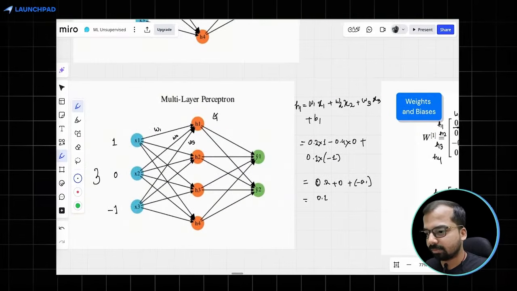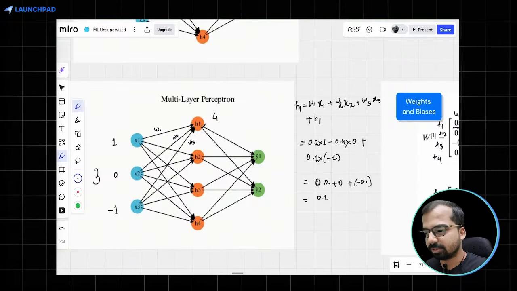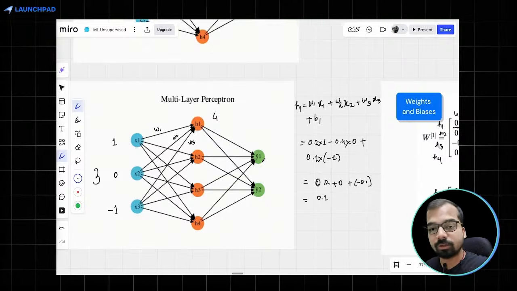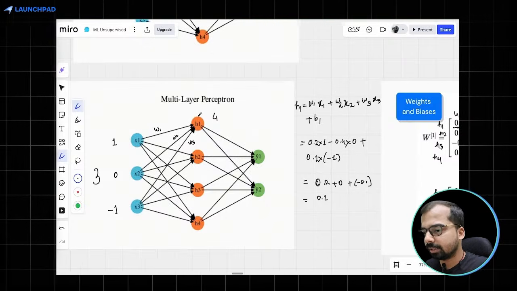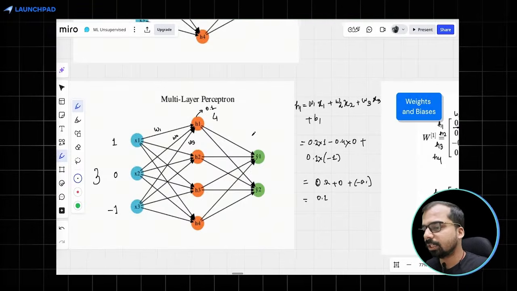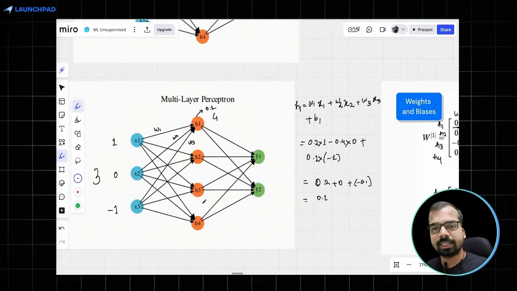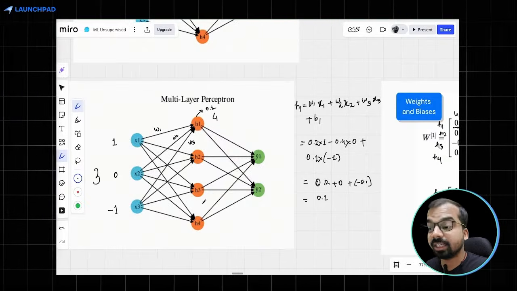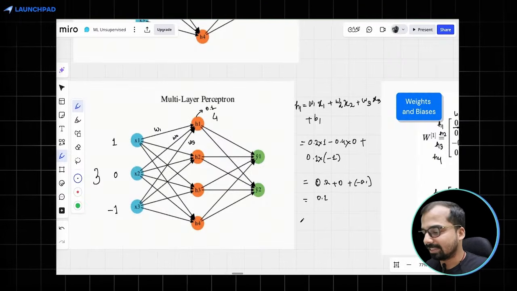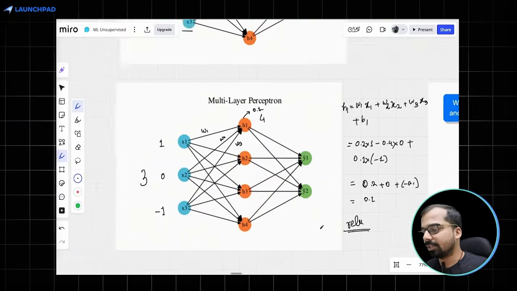From here you see this output arrow is coming to the individual neurons of the output layer. So from here you got the weighted sum as 0.1. Now we have also mentioned that each neuron of my hidden layer has something called the ReLU activation function.